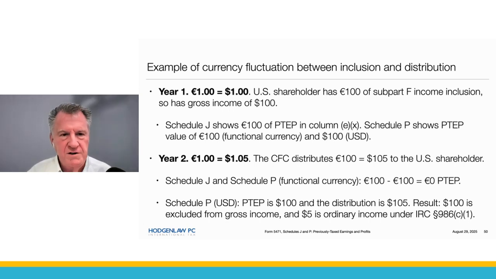So that's how it works. And if you flip these, you could have a loss the same way. So this is how the IRS is going to track and be sure they get their money and they tax any currency fluctuations when distributions happen in a different year than the income inclusion from a CFC.